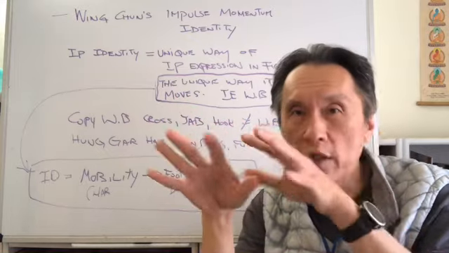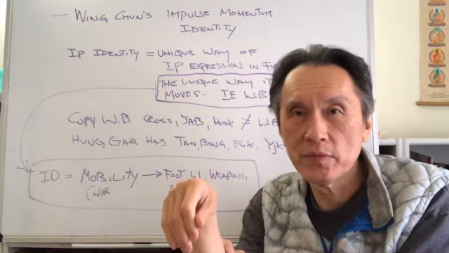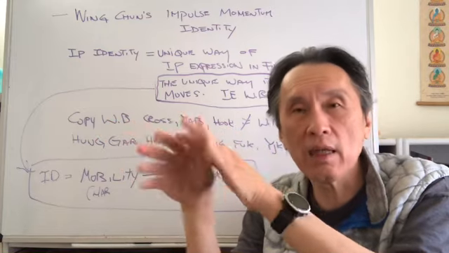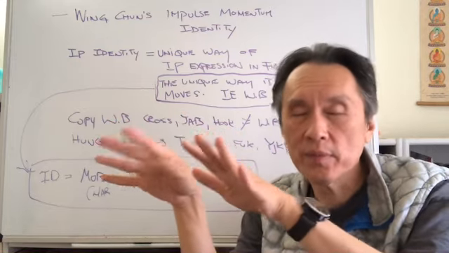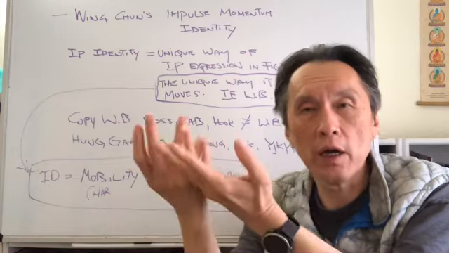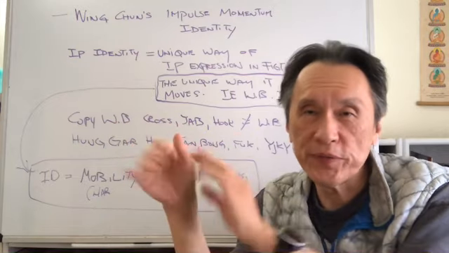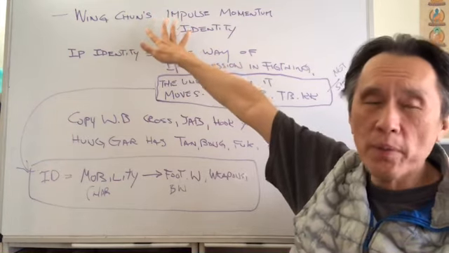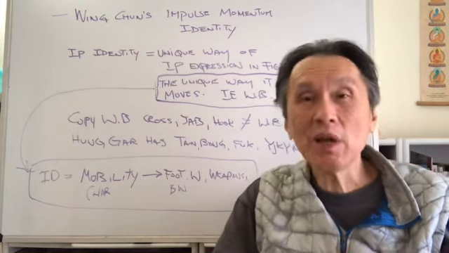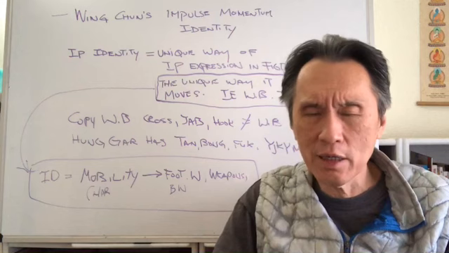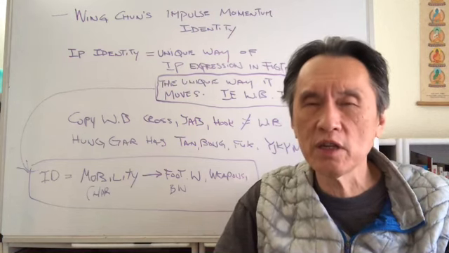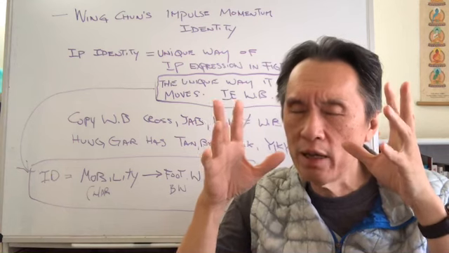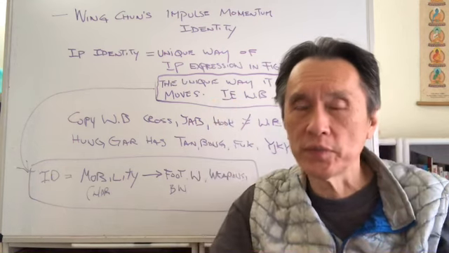Kyokushin later had different lineages. After Oyama passed away, even when Mas Oyama was there, Kyokushin had offspring. But you see their imposed momentum identity. You can see that. You know that this thing is even named differently, but it has the imposed momentum identity of Kyokushin.